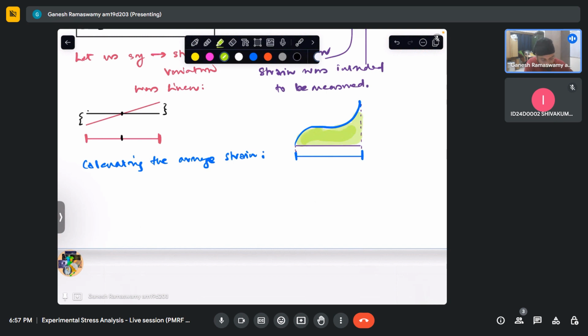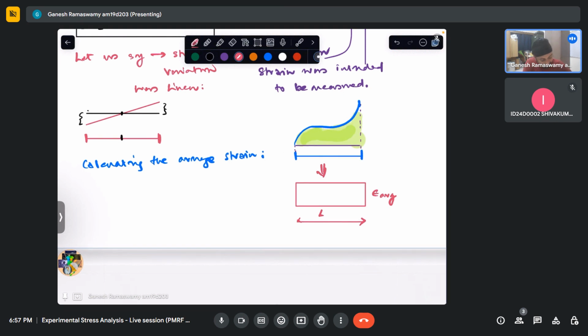This is the total strain, and we want to idealize it as a rectangle, where this is the average strain and this is the length of the strain gauge. This is the gauge length. So we want to equate these two, is what we are trying to say.